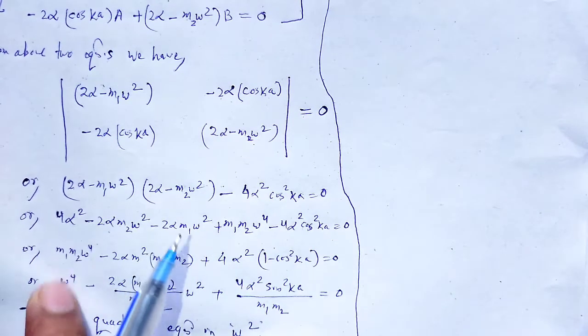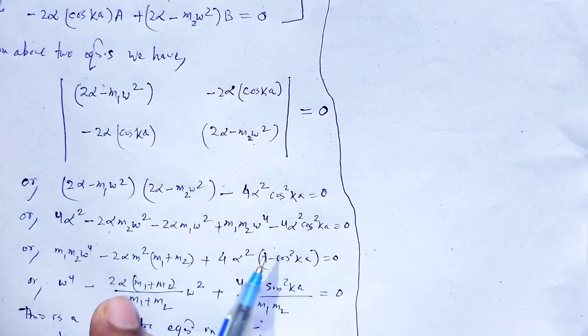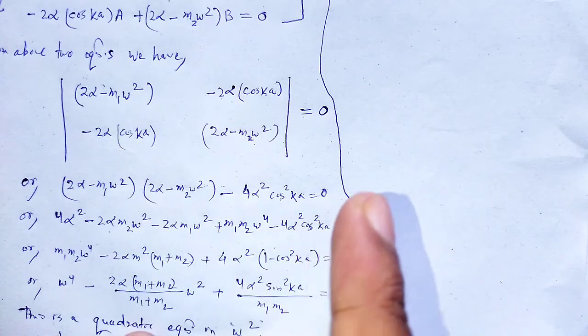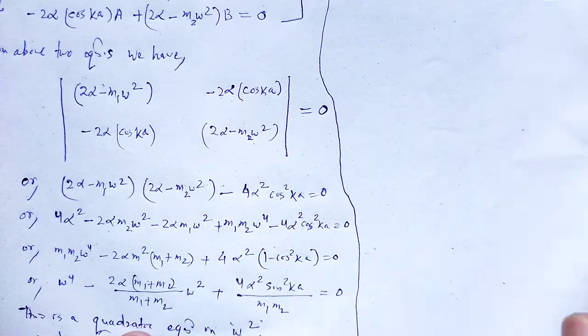Here a is 1, so taking 2 as common, the 2 in numerator and denominator cancels out.